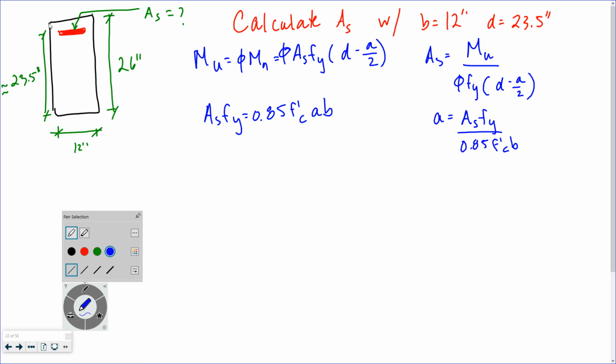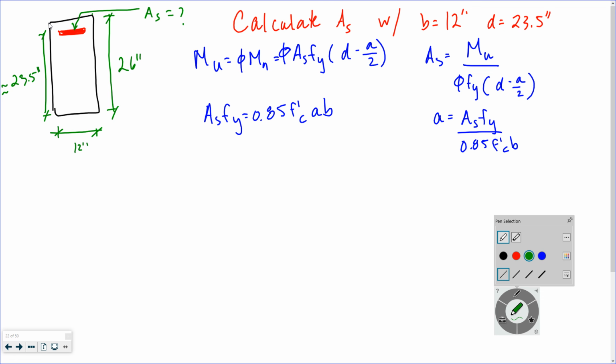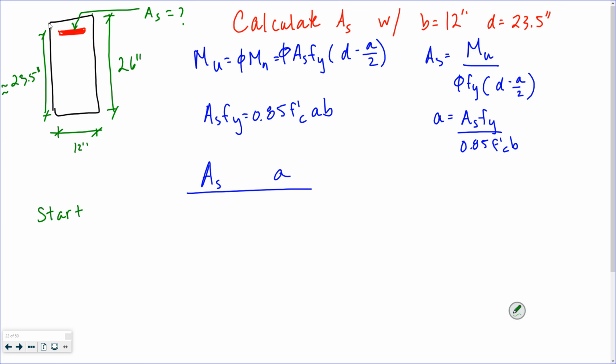And I can make my little chart, right, of AS and A. You could use what we used last time, but a shorter version is start with AS equal to rho BD.